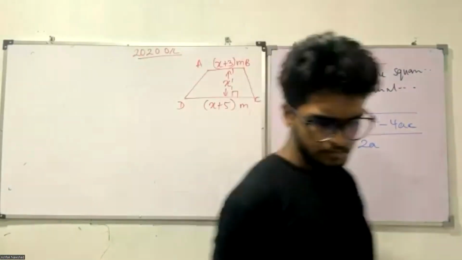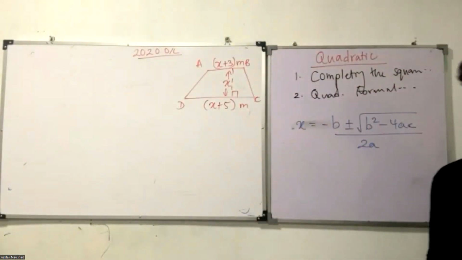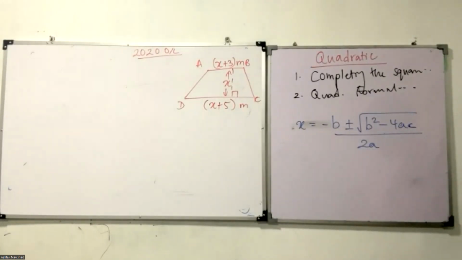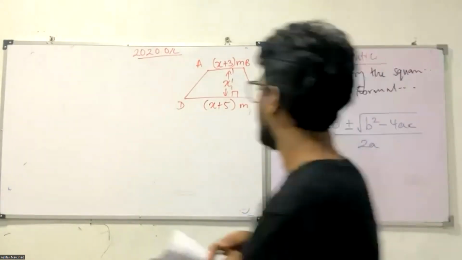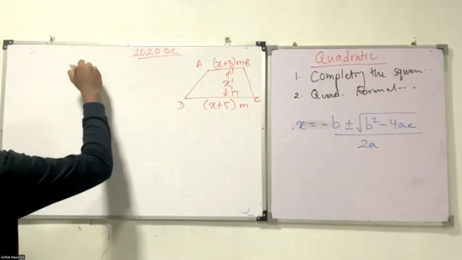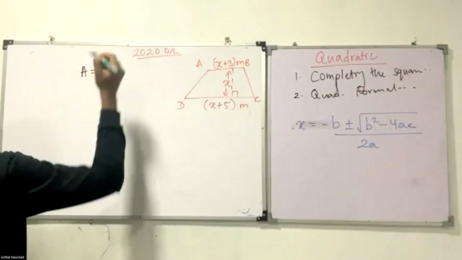The figure shows a lamina in the shape of a trapezium with its measurements. They are giving the area. The area of the trapezium is 20 square meters. Right.